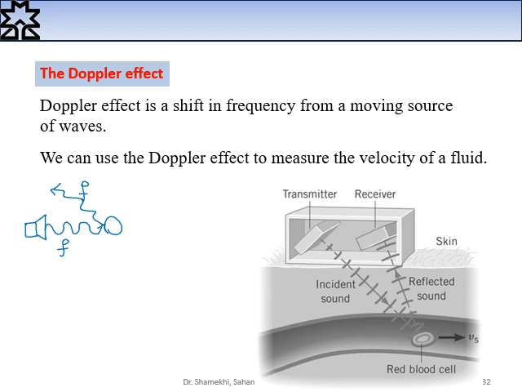But if these objects in the environment start to move, the speed of this movement will affect the reflected frequency, and it leads to a shift of frequency, and we call this shift the Doppler effect or Doppler shift.